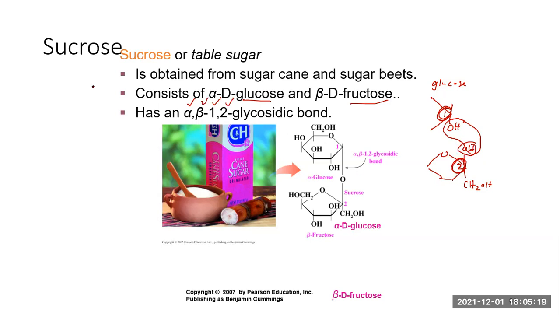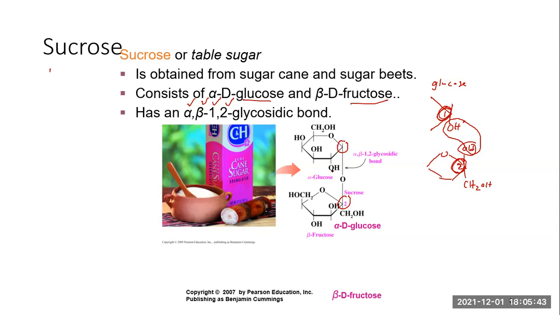This gives you a connection on the right-hand side of both of these molecules, as opposed to a 1 to 4 type of bond. Here we have a 1 to 2 bond. So this is what is known as an alpha beta 1,2 glycosidic bond.